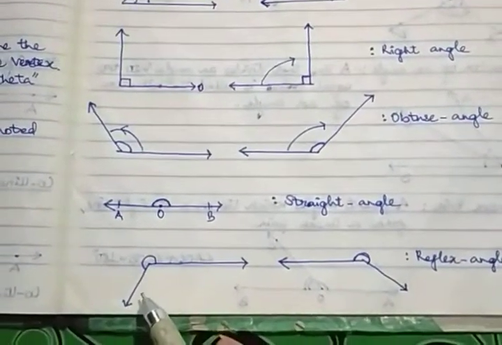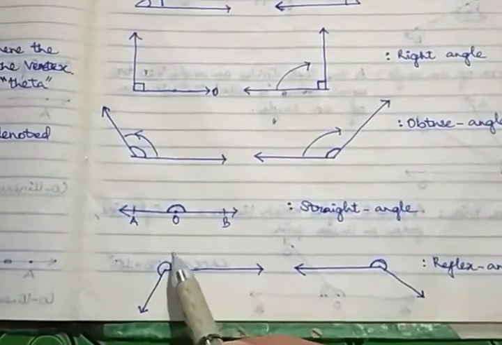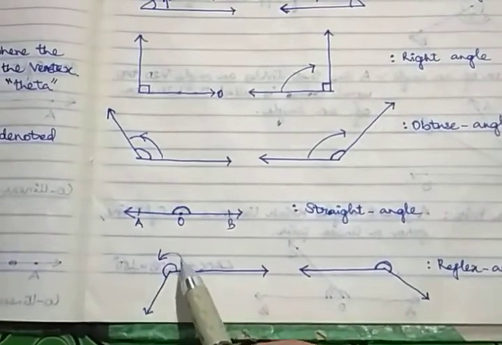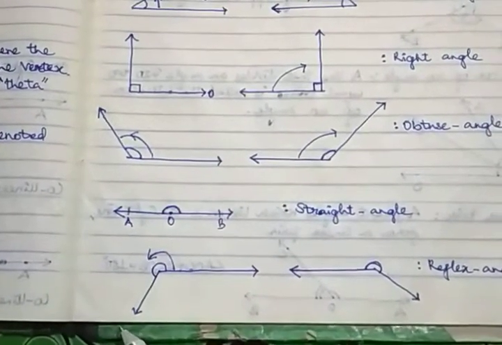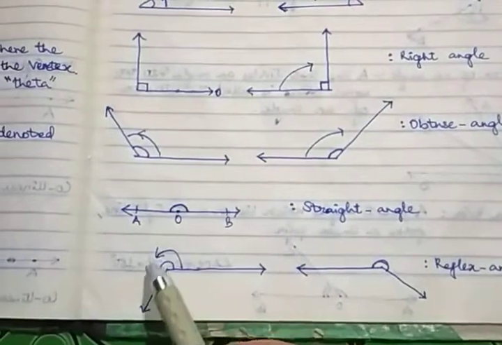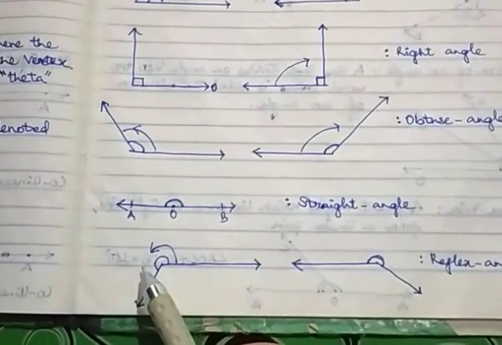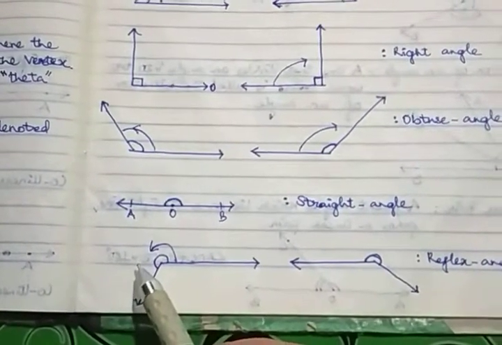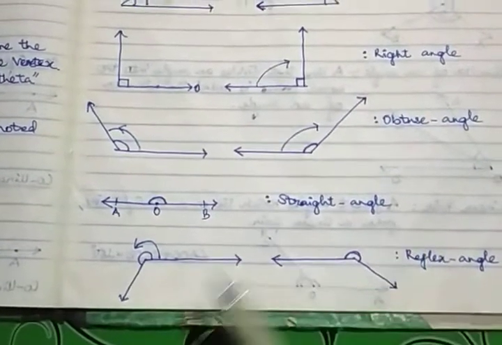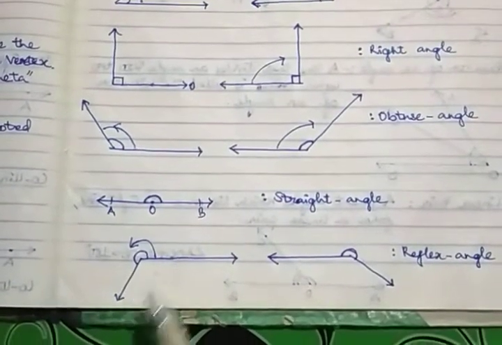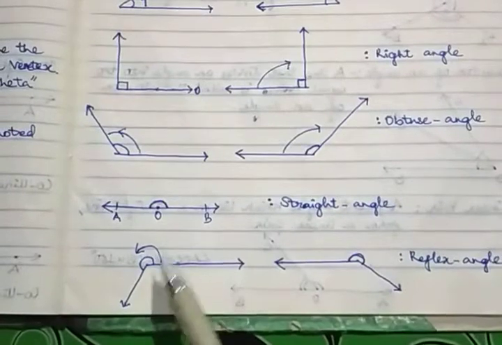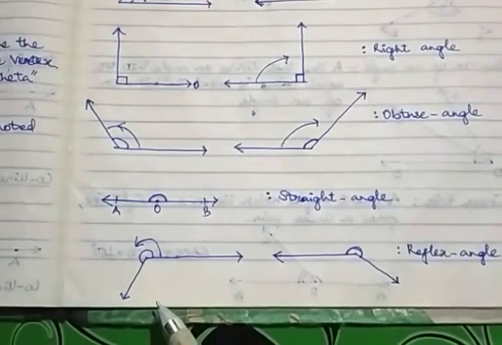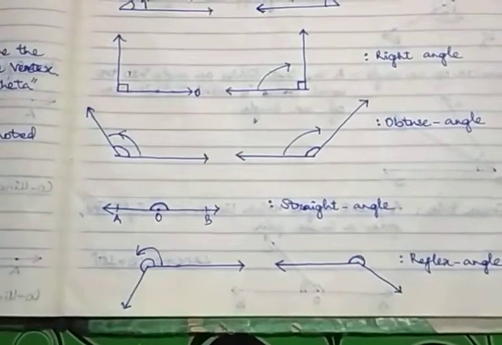So it's greater than 180 degrees. The angle is going in this direction, in the anti-clockwise direction, so it has crossed 90 as well as 180 degrees. That is why the definition of reflex angle is: when the measurement of the angle is greater than 180 degrees but less than 360 degrees.